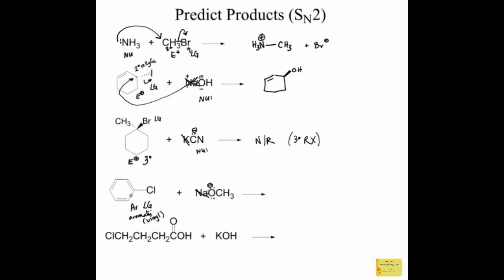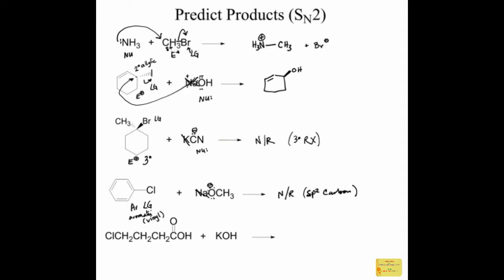It's impossible. Okay, so this is no reaction because we have an sp2 hybridized carbon that the leaving group is on. And so we need to remember that SN2 reactions take place on ordinary alkyl groups, sp3 hybridized carbons.